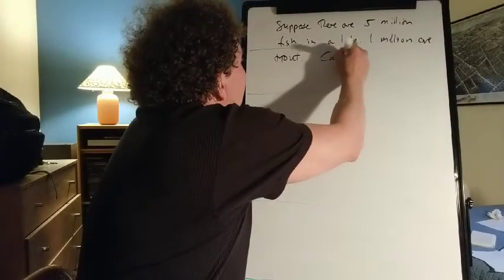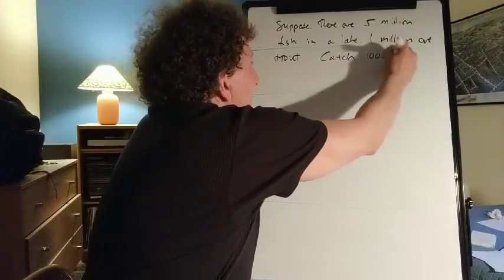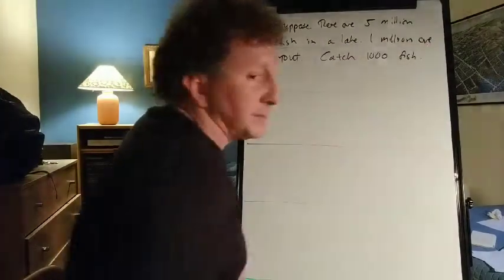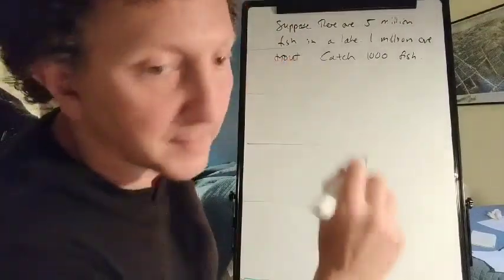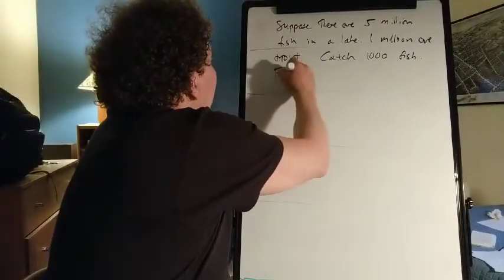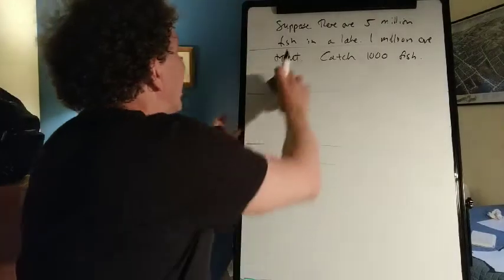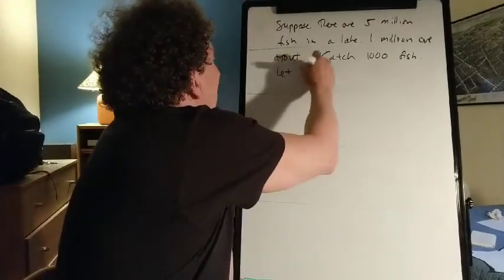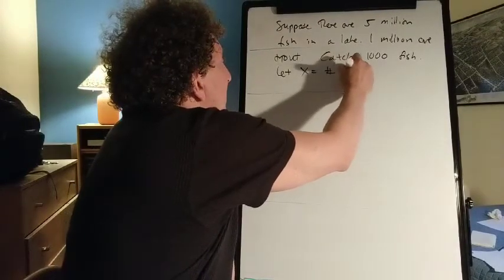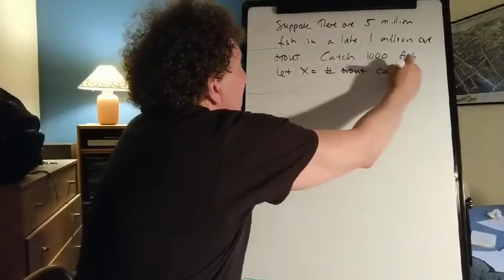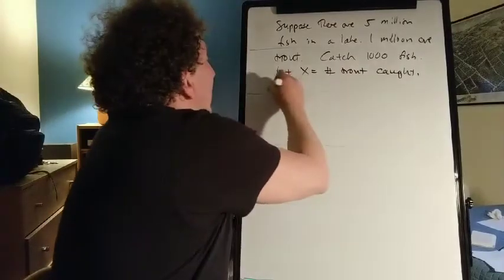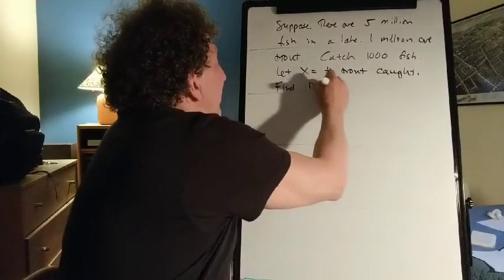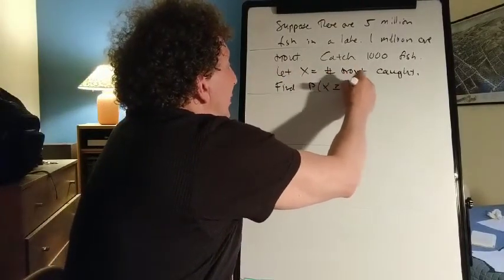Let's say we catch 1,000 fish. And let's let x be the number of trout. And let's find the probability that x is greater than or equal to 180.